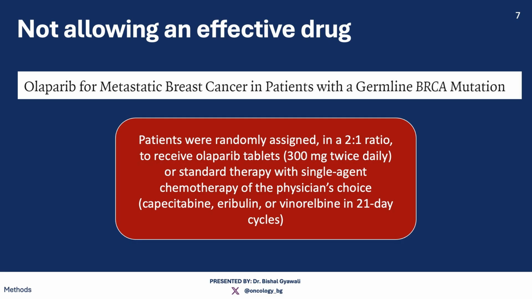So patients were randomly assigned in a 2:1 ratio to receive either olaparib or standard therapy, which is chemo of physician's choice. Now, if you read this much, you would not find much problem with the control arm. It says standard chemo of physician's choice. But then if you go into details about what the physician's choice is, it is actually not any choice. The choice is limited to 3 options: capecitabine, eribulin, or vinorelbine.